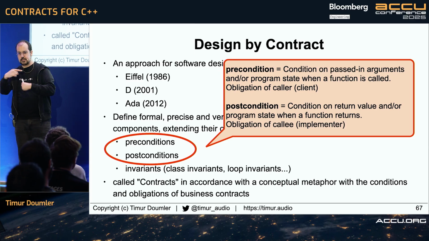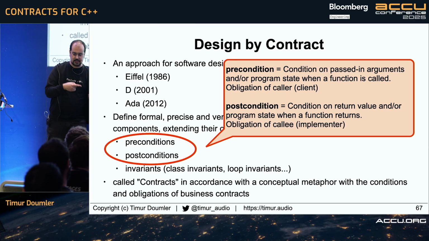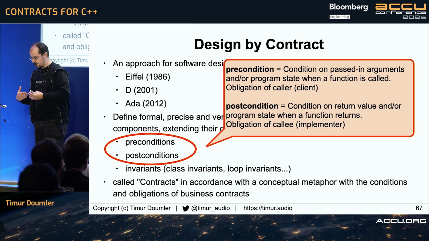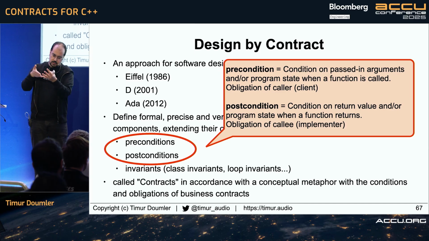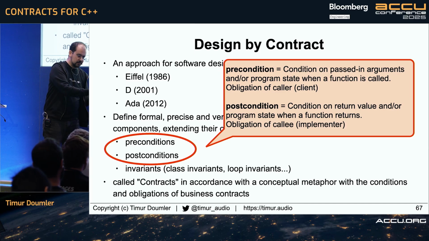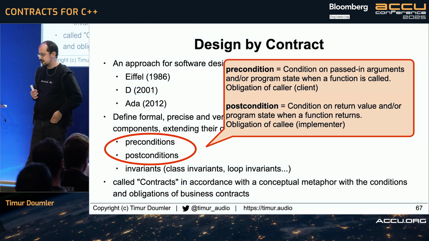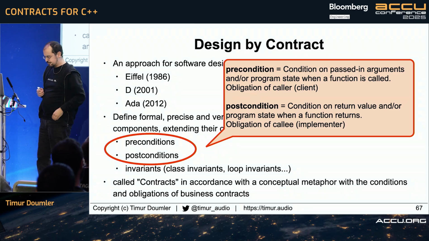And then the postcondition is kind of the reverse. It's a condition on what the function returns and what state it leaves the program in when it returns. And that is an obligation of the person who implemented that function to make sure that that holds. And then the caller can rely on those things having been established when the function returns. There's kind of this mutual agreement. And invariants are yet another flavor of that.